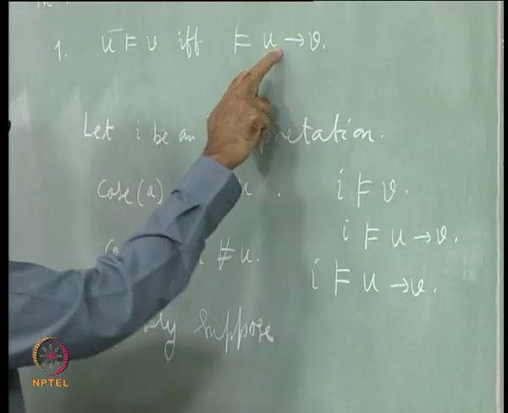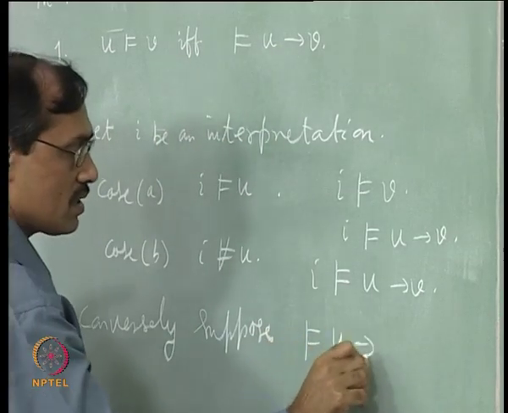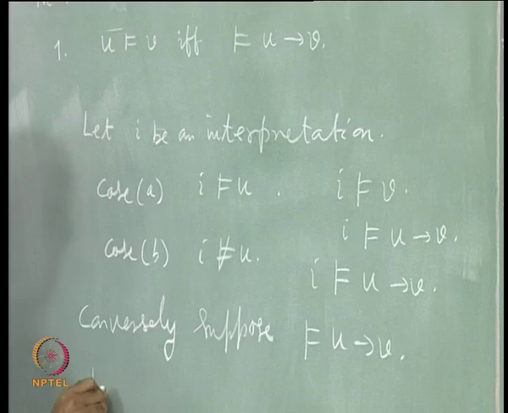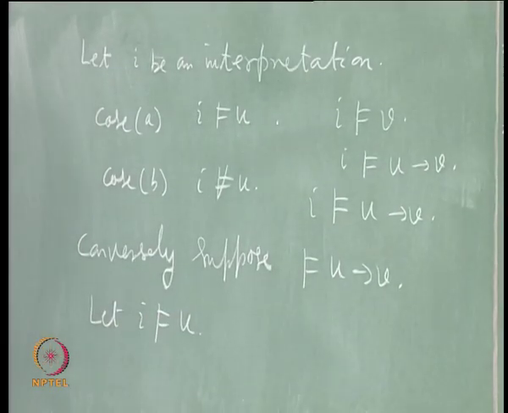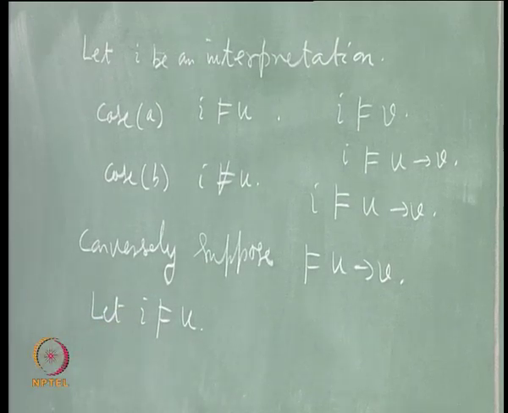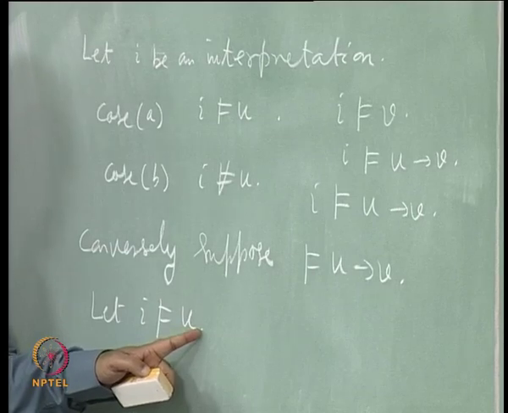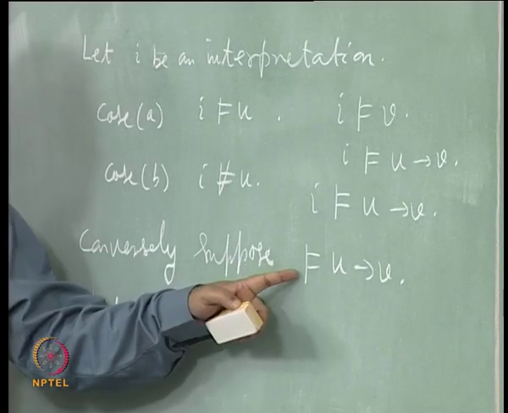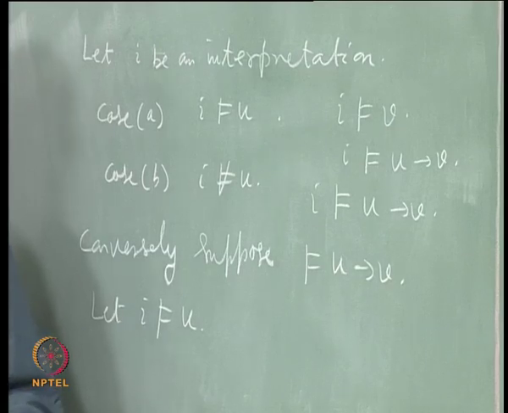So, using that u implies v is valid. Suppose u implies v is valid, let I be a model of u. Our aim is to show I is a model of v. Okay. Now, I of u is 1, I of u implies v is 1, therefore, I of v is 1, nothing more to do.